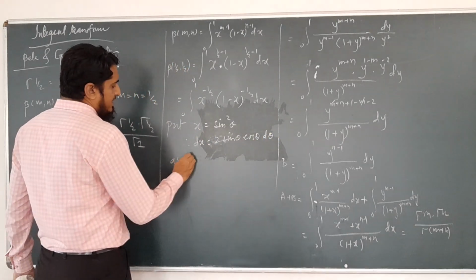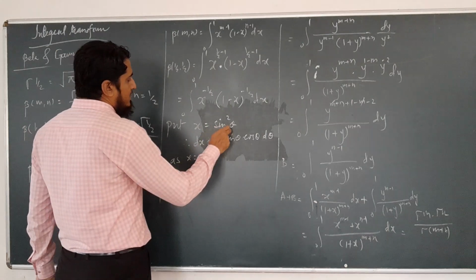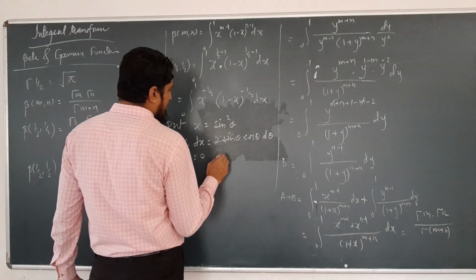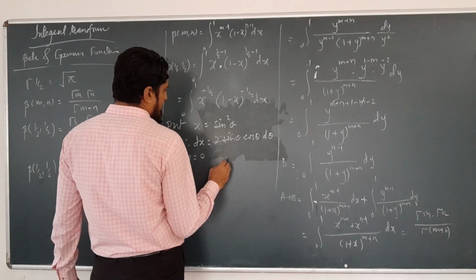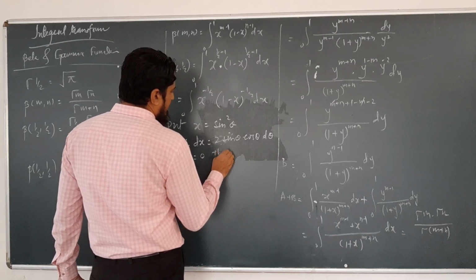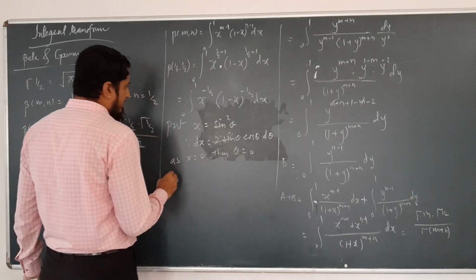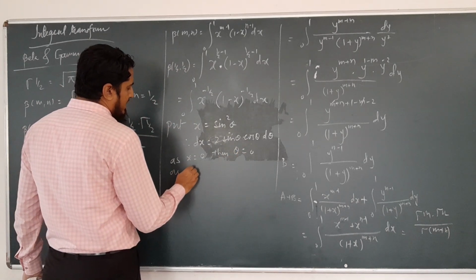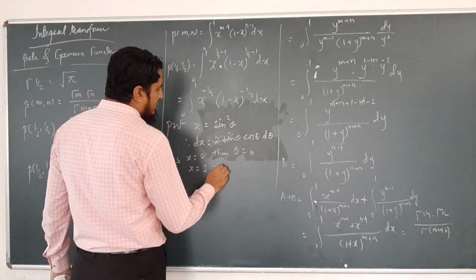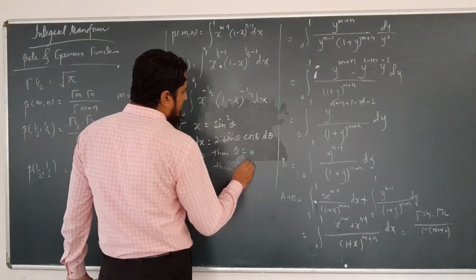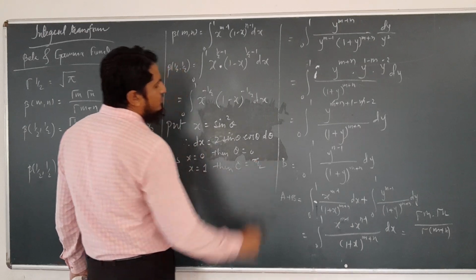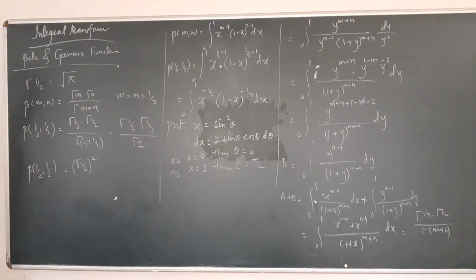As x is equal to 0, sine 0 becomes 0, then theta becomes 0, and as x is equal to 1, then theta becomes pi by 2. So limits are changed to 0 to pi by 2. Correct?